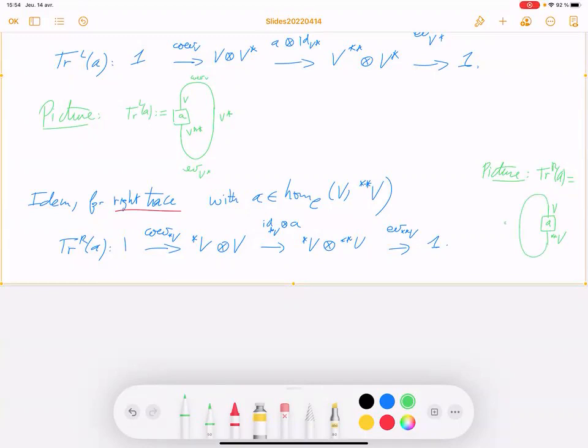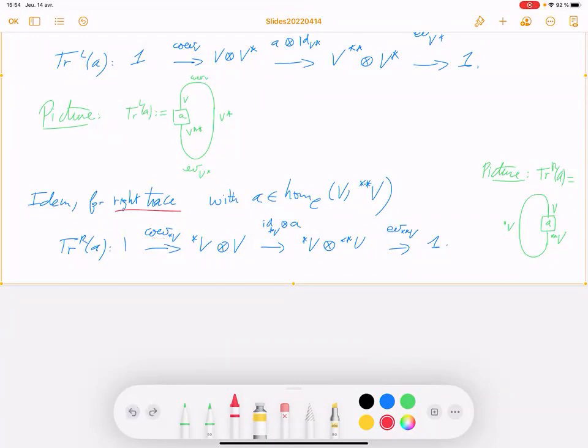So here you have the co-evaluation map, and here co-evaluation map and evaluation map, this one and this one.